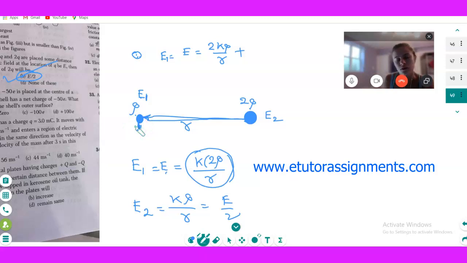Same charge. But it's zero. Correct. So we will put 0. K Q, listen. See here. Just KQ by R is 0.